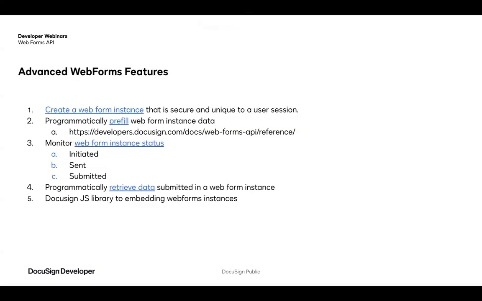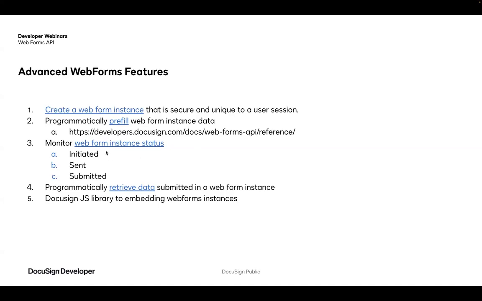So here are a few advanced features for web forms. The first one is that you can create a form instance that is secure and unique to a user session. You can also programmatically pre-fill a form instance via API. And you can find more details of all the publicly available APIs through this website.